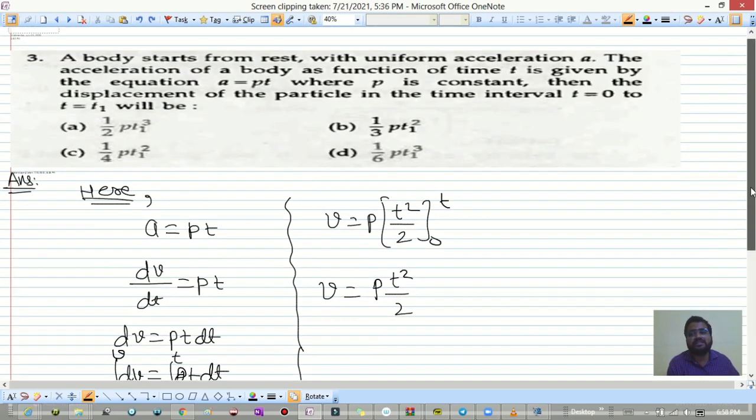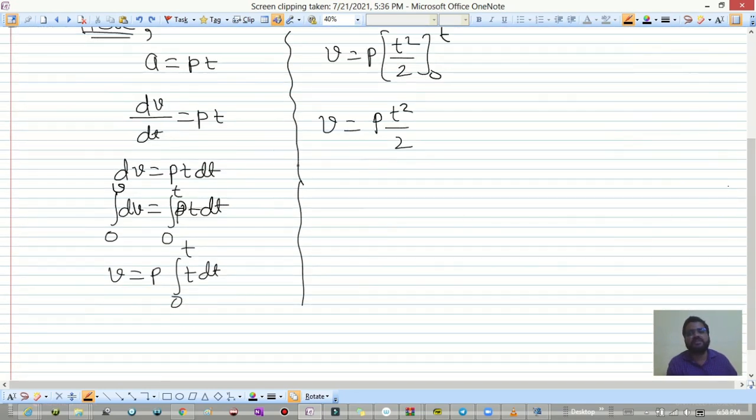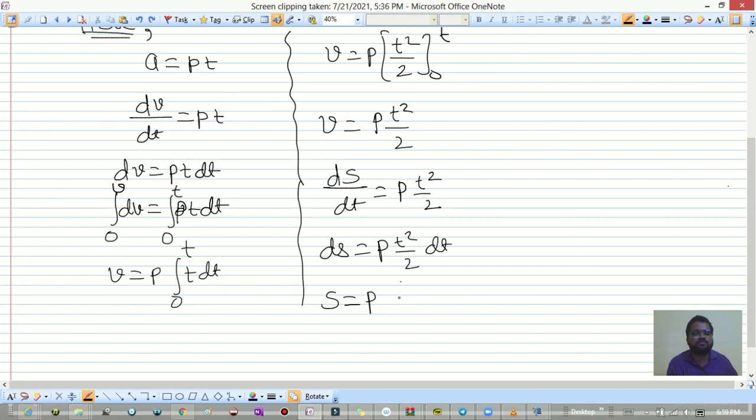But they want the displacement, isn't it? The rate of change of displacement is the velocity. So here ds by dt is equal to the velocity, which is pt squared divided by 2, so ds is equal to pt squared divided by 2 into dt. Now integrate both sides. Displacement is equal to p by 2 times the integral of t squared into dt from 0 to t1.